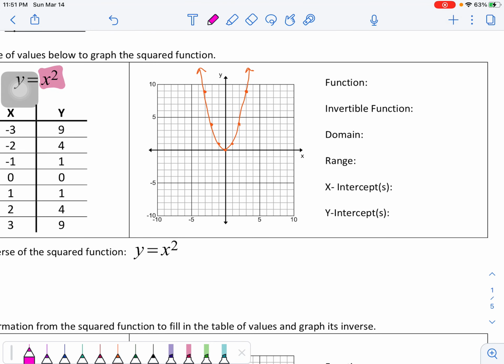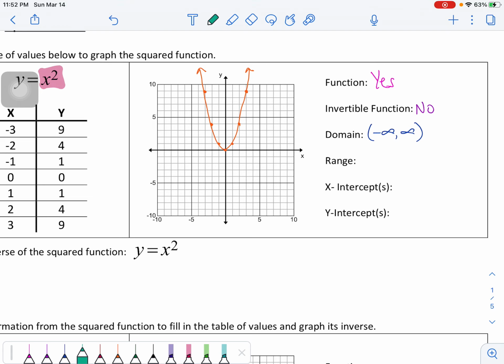So let's answer a few questions about the graph. Is it a function? Yes, it would absolutely pass the vertical line test. Is it an invertible function? No, it would fail the horizontal line test miserably. The domain of the squared function, this is all your possible x values. Well, every x value is possible.